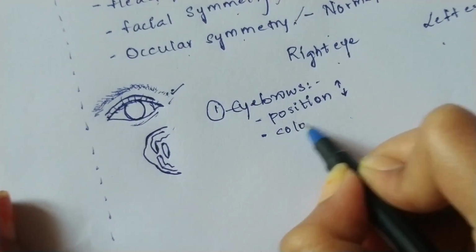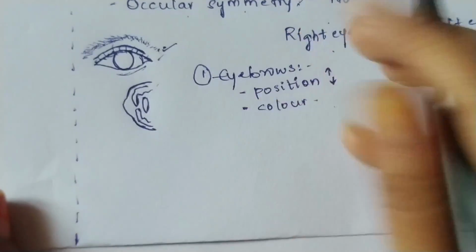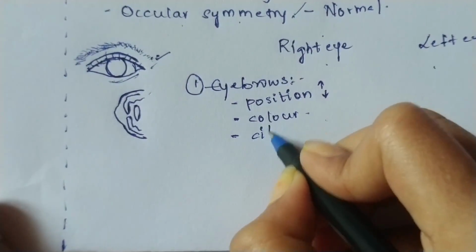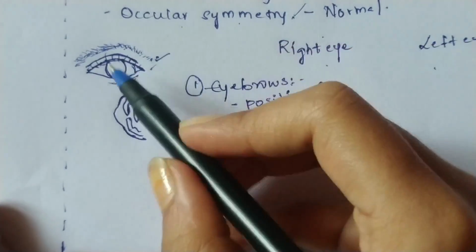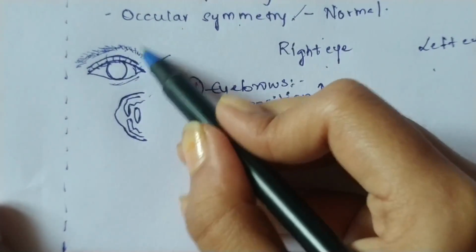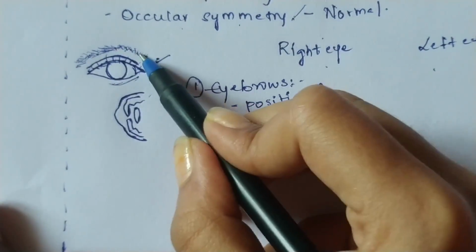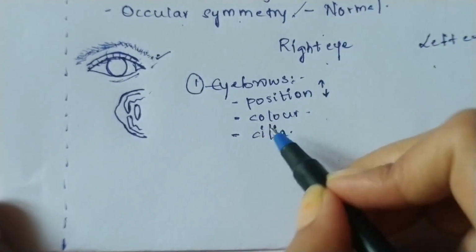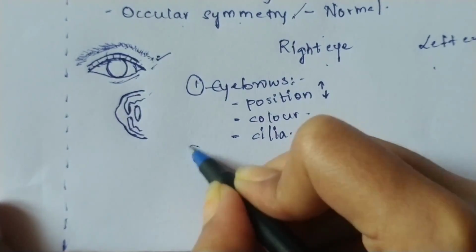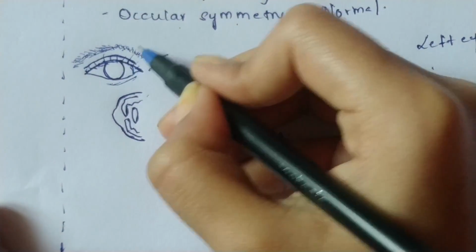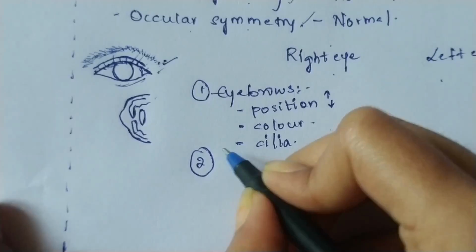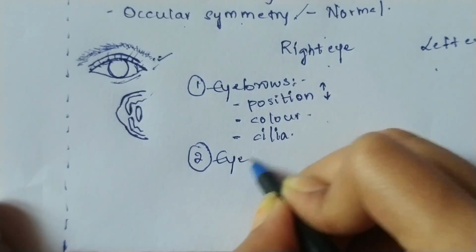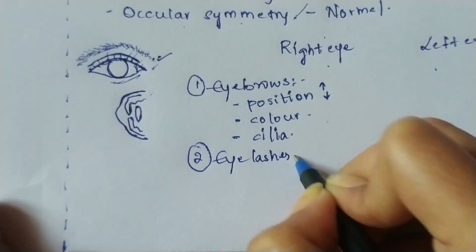And then you have to observe the color of eyebrows, and you have to observe cilia. Cilia means this hair of eyebrows, how they are oriented. You have to observe the cilia. And second is eyelashes. These things we'll write here, eyelashes.